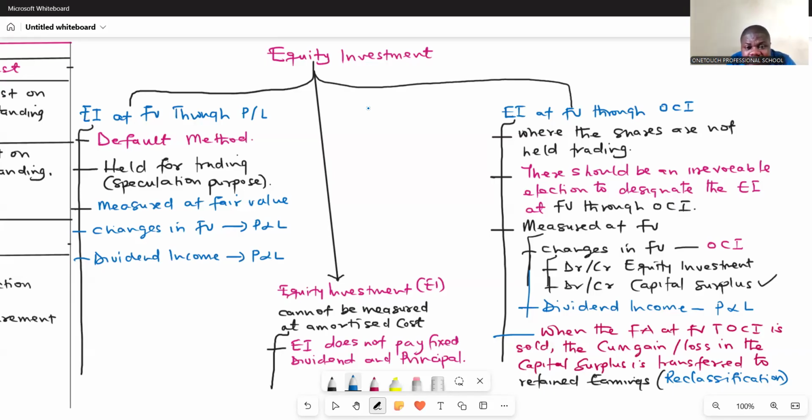The owner is keeping me currently because he has not gotten the need to sell me now. I know my days are numbered and I will certainly be sold before maturity. Which financial asset am I? Financial asset at fair value through other comprehensive income. OCI. So that's correct.